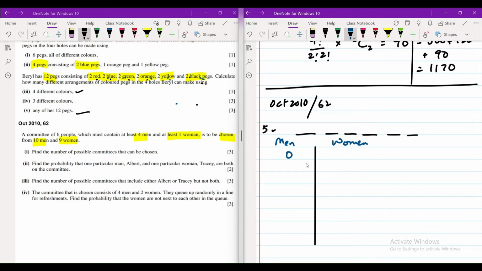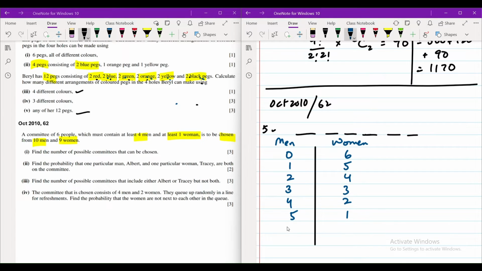If we have 0 men, we have 6 women. 1 man, 5 women, 2 men, 4 women, 3 men, 3 women, 4 men, 2 women, 5 men, 1 woman, and 6 men, 0 women.